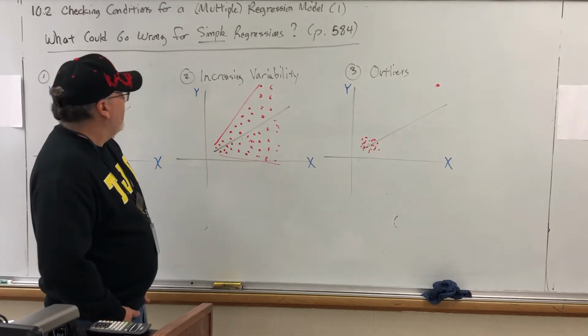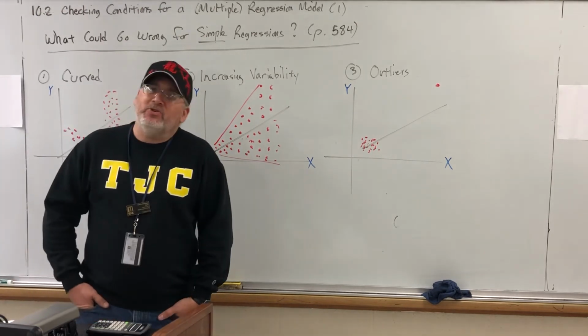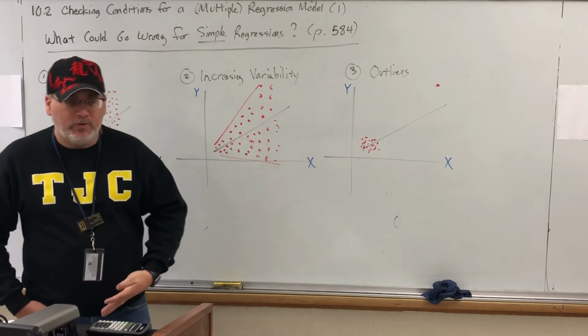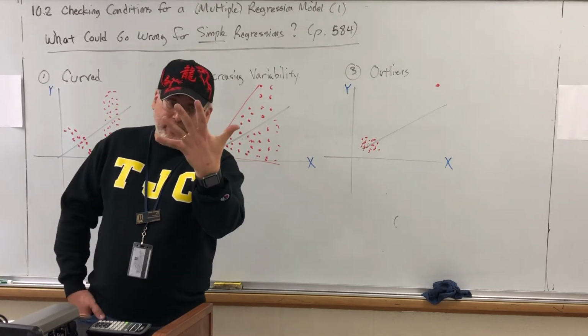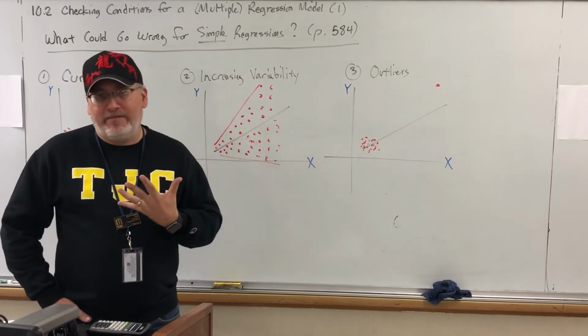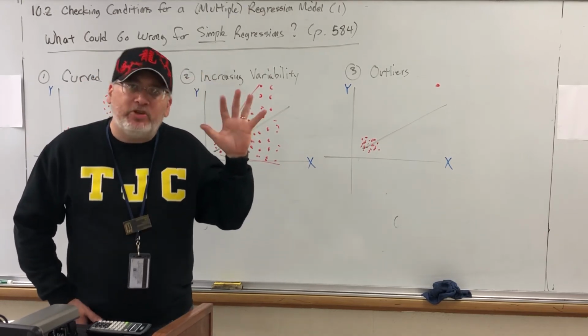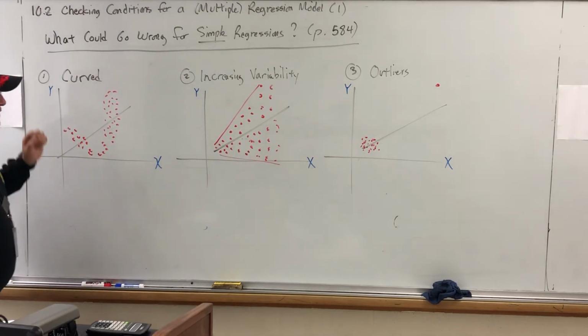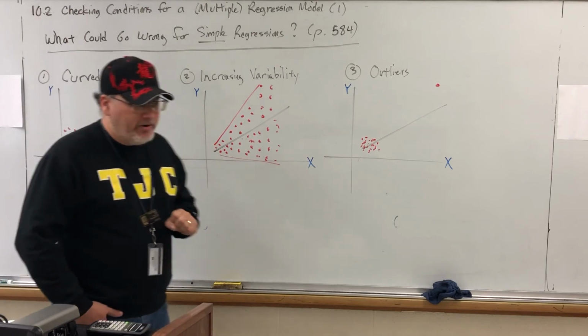We saw one multiple regression in the previous series of videos that had four explanatory variables, the one about the printers, and a response variable. So in order to sketch that scatter plot and see the line of best fit, we would need a five-dimensional picture, have fun drawing that, in order to analyze it for curvature, increasing variability, or outliers.